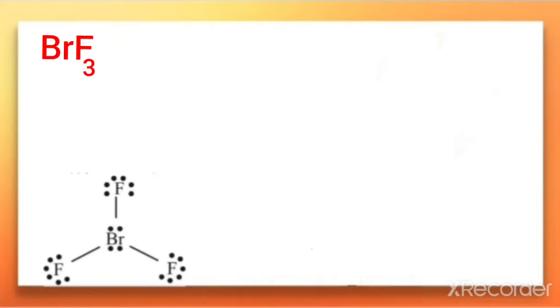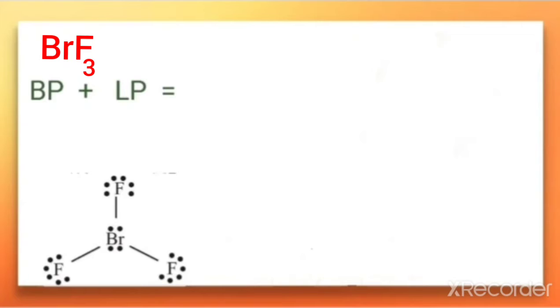Now you can see that surrounding the bromine there are 3 bonds, the 3 bonds with 3 fluorine. So when you find out the number of bond pairs and lone pairs, as we did last year, the bond pair is the number of bonds surrounding Br, the central atom: 1, 2, 3. There are 3 bonds, and when you check the lone pairs around the bromine, there are 2 lone pairs also, that is the non-bonding electron pairs.